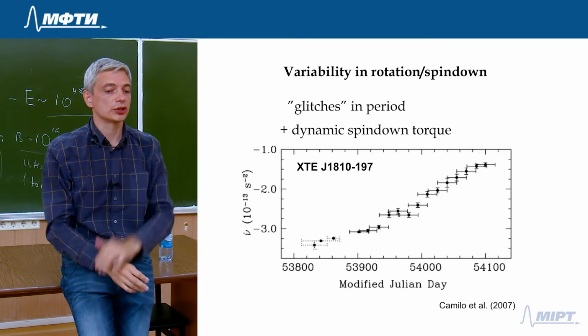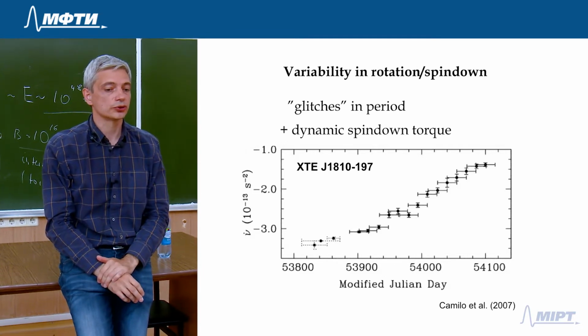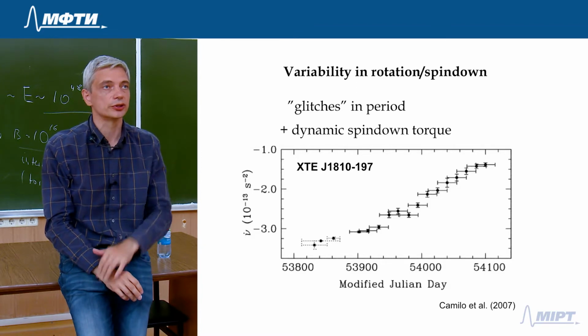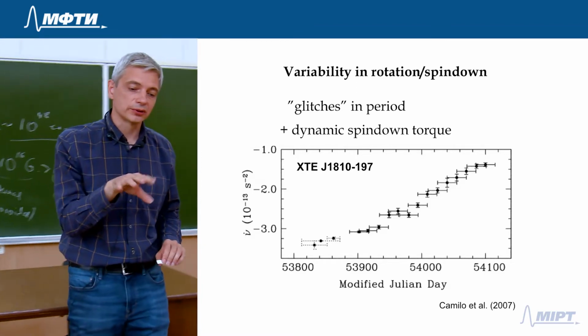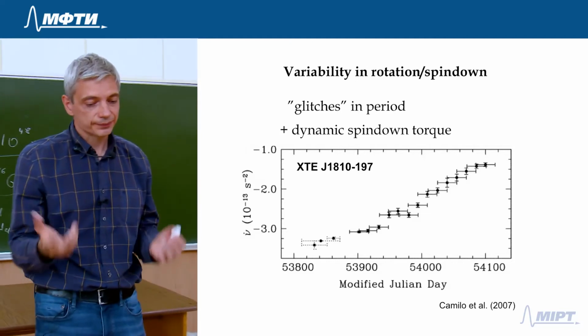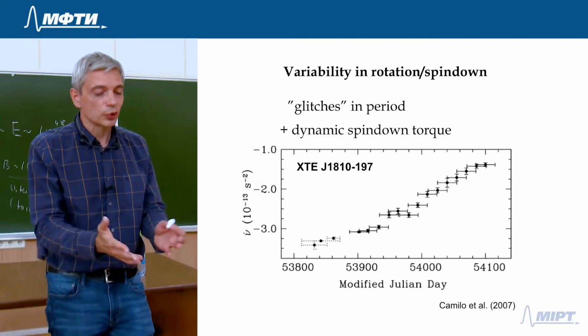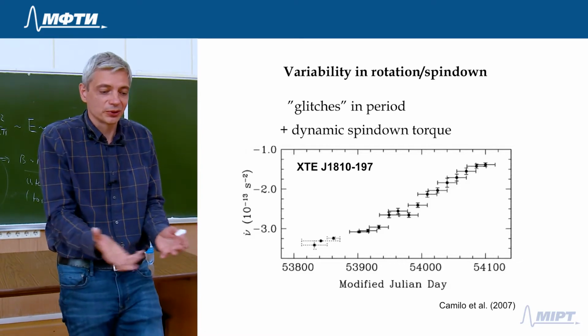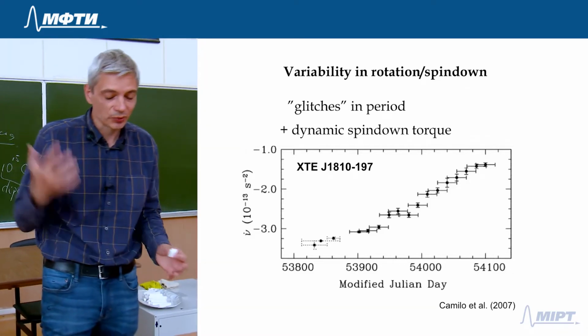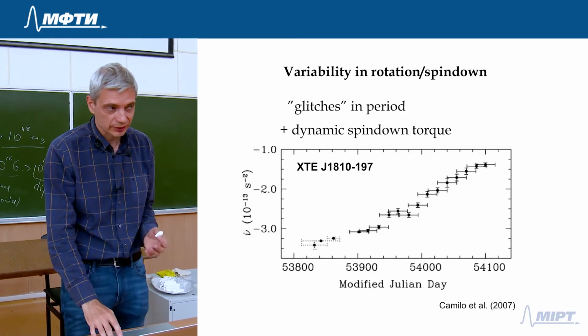We do see a change in X-ray luminosity associated with these glitches also. I'm telling you what the phenomenology is, but not much of this is understood yet. I'm just summarizing what we know from observations, and we have some ideas, but it's not really worked out.